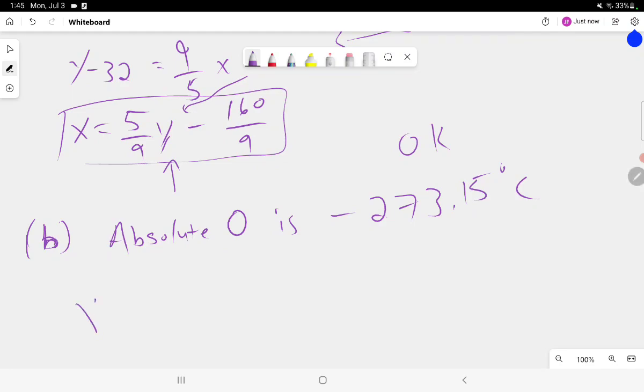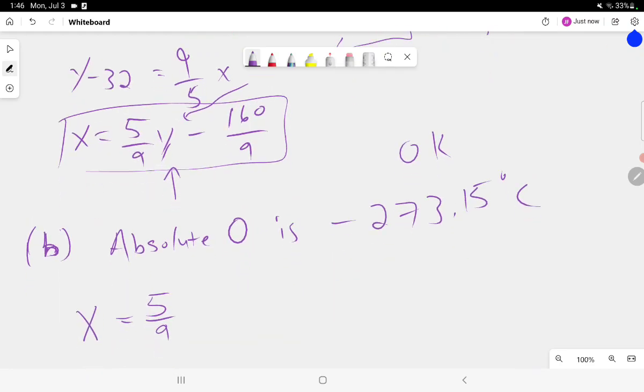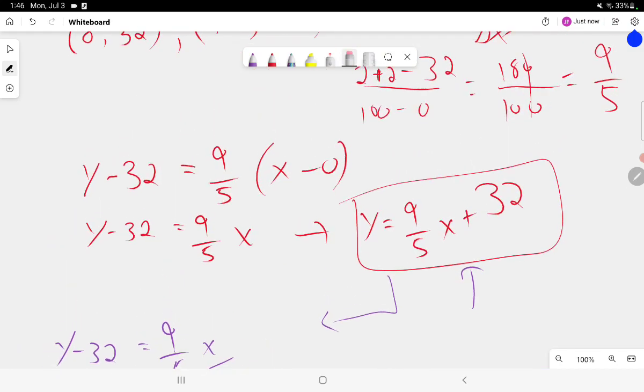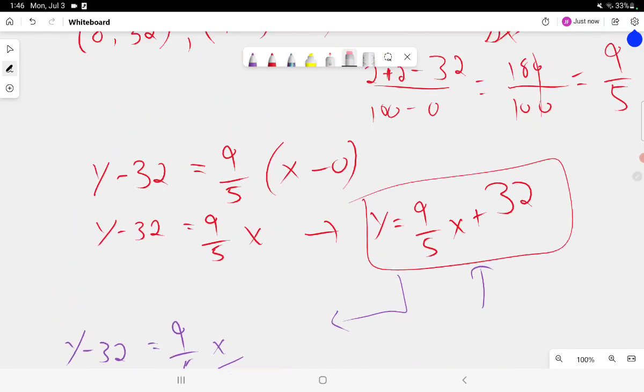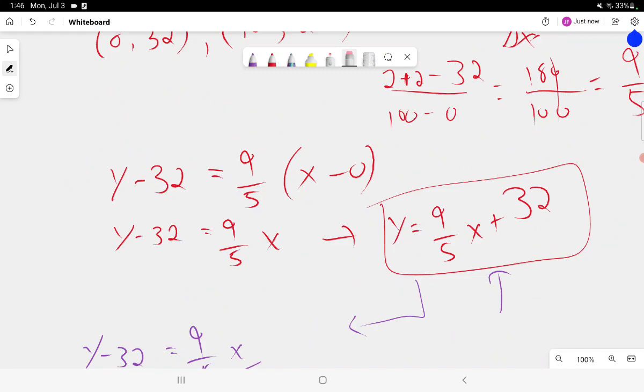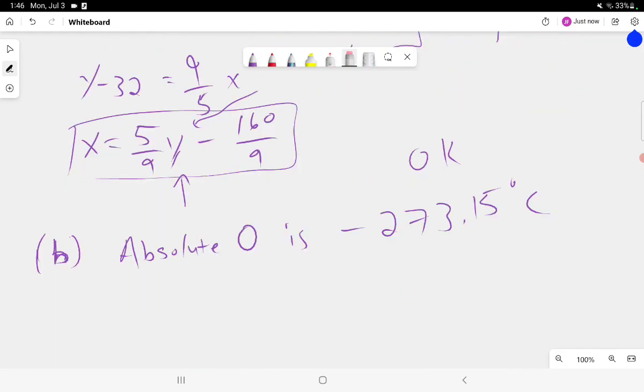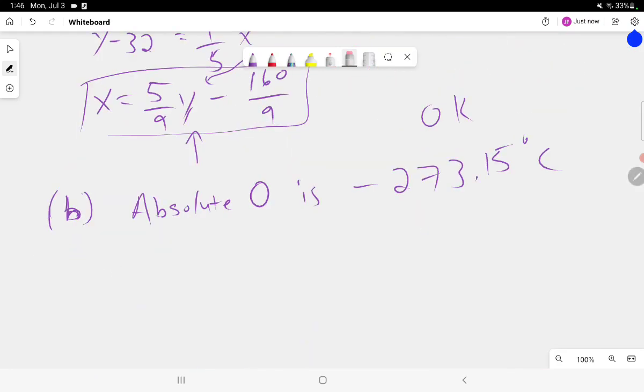So we know that x is going to be equal to 5/9. Oh, hold on. I'm converting the wrong way, aren't I? Excuse me on that. I keep forgetting x is my temperature in Celsius and y is my temperature in Fahrenheit. So I need to use the other equation. So I need y.